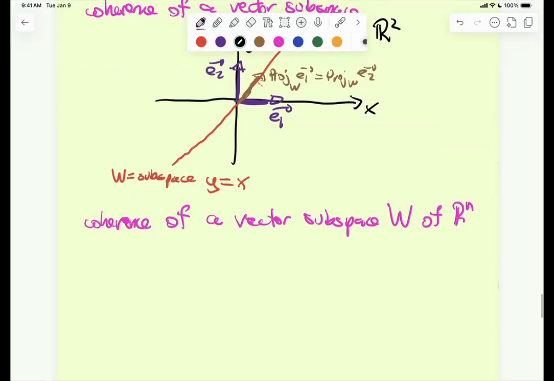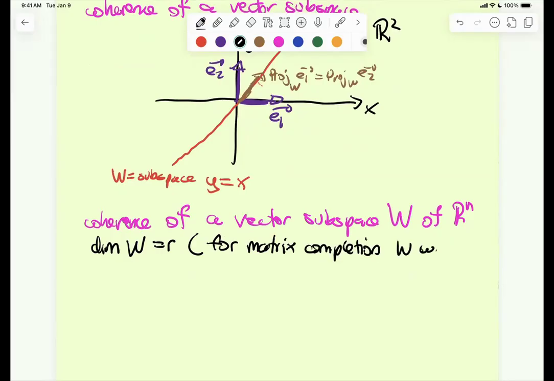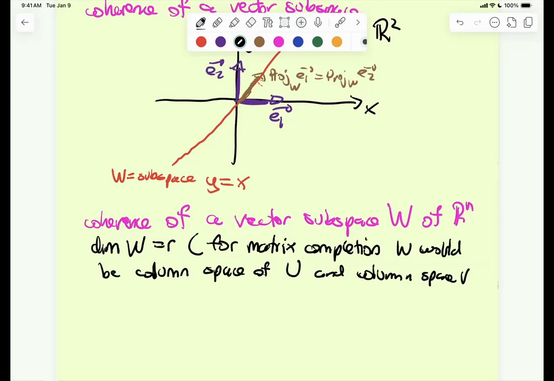So the dimension of W would be R. And for the matrix completion, W would be, for example, the column space of U and the column space of V in the SVD decomposition.